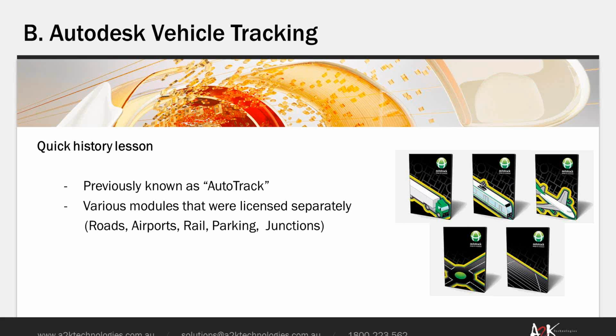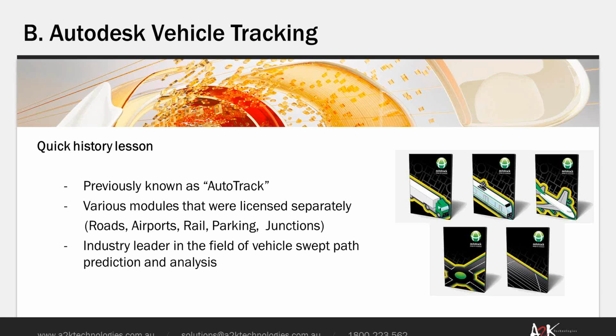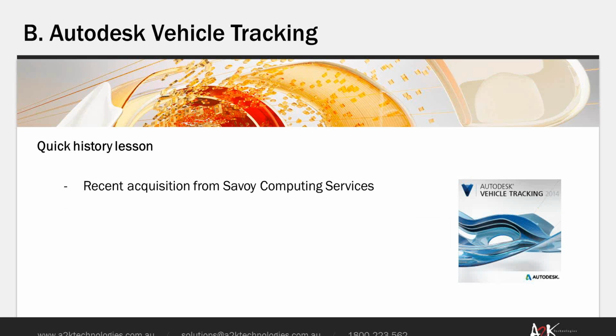For example, the little screen captures I've got there: roads, airports, rail, parking, and junctions, or what you'd call roundabouts. That's a UK term. And at the time, they were known as the industry leader in the field of vehicle swept path prediction and analysis.